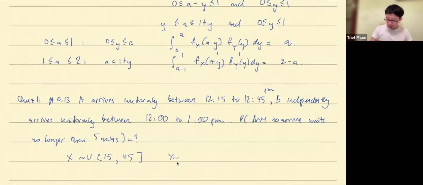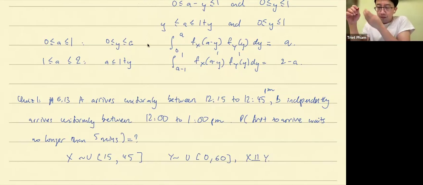And Y is uniform from 0 to 60, and they're independent. Now, what are we looking for? What's the question asking for in terms of X and Y?